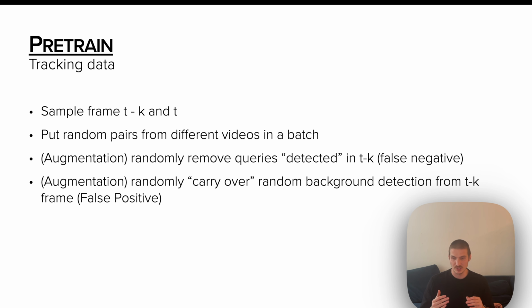We also have false positives, where we randomly carry over a query that was supposed to predict a random background object, and we put it as an input to our TrackFormer on the current frame, thus letting it look at this input query and see that it doesn't actually correspond to objects that are currently in the picture, and basically learning to remove it.